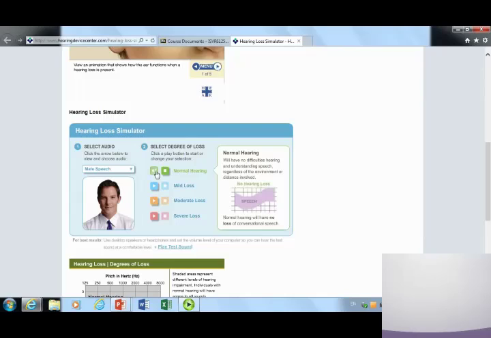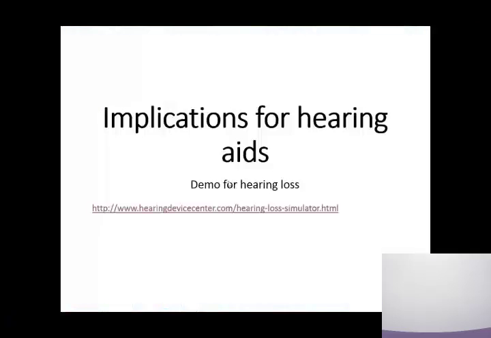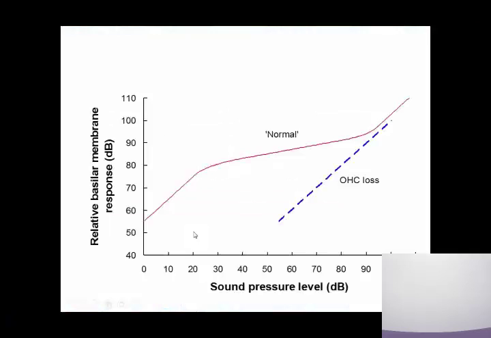Try to find a different web page. There are a few, but this is the best one that I see. It simulates that recruitment, or this dynamic range problem, and resynthesizes the sound and makes it audible as if it was presented to a hearing impaired person. Okay, experiment failed. Let's go back to that.